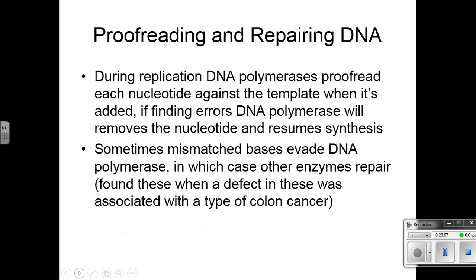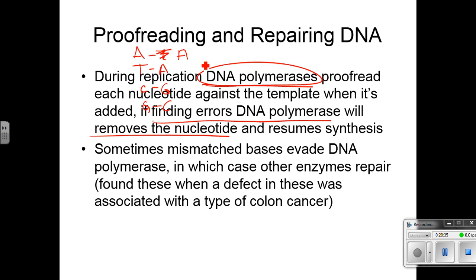During DNA replication, DNA polymerase is also going to proofread each nucleotide against the template when it's added. If it finds errors, it's going to remove the nucleotide and resume synthesis. So, for example, if your DNA strand is like this, and it's supposed to have T-A, A-T, G-C, and it accidentally inserts another A here, that's going to be problematic.